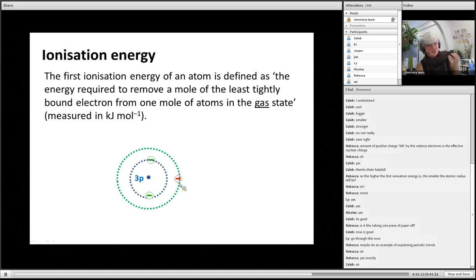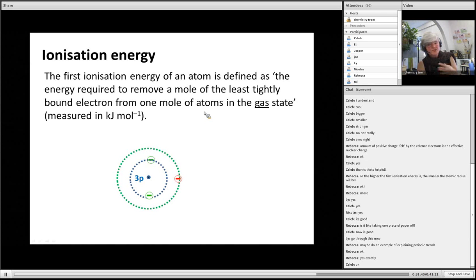It is to remove the one electron from the outermost energy level. So we're removing one valence electron, the one that's least tightly held, and as I said, that will always be in the outermost valence energy level. It's also for 1 mole of atoms.